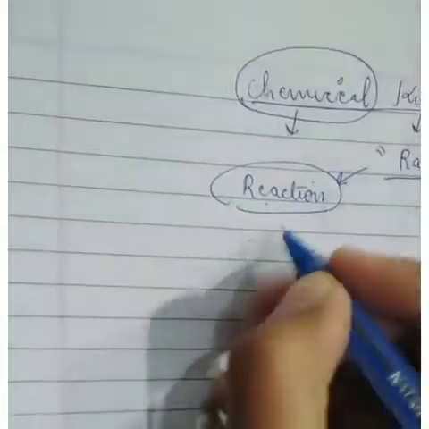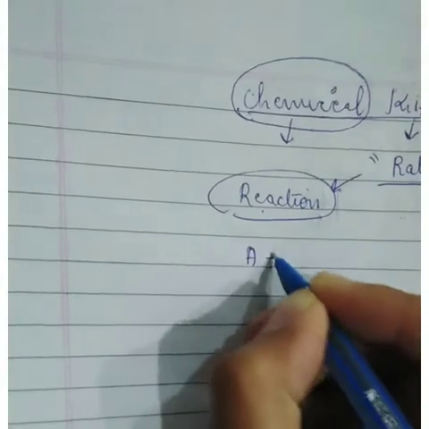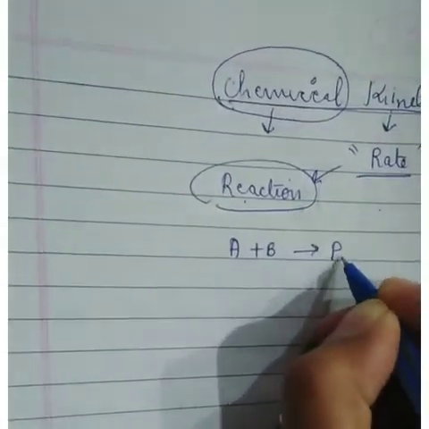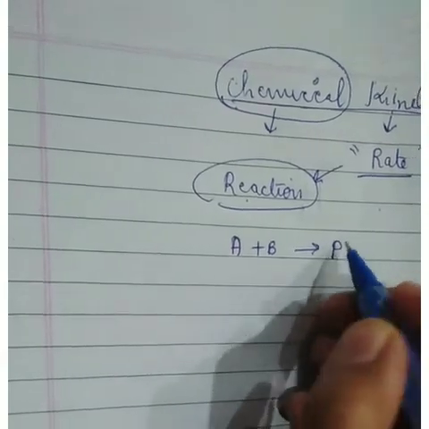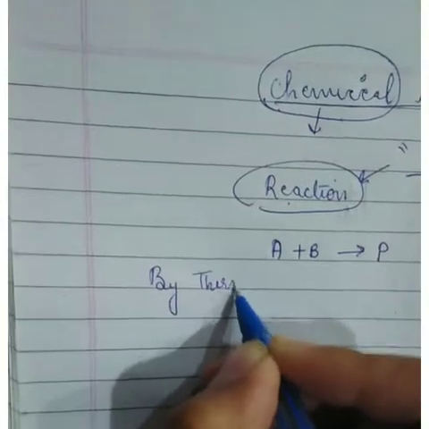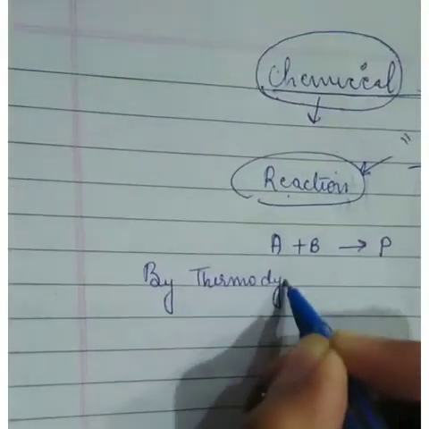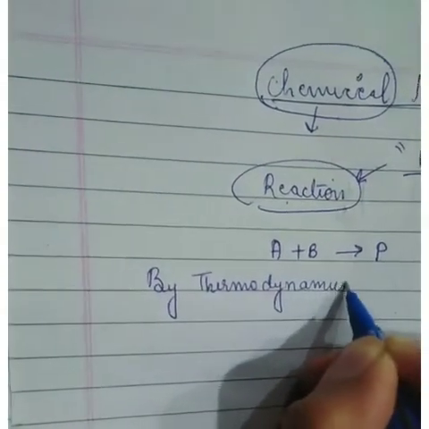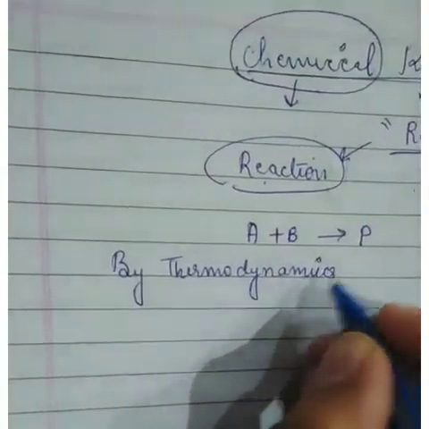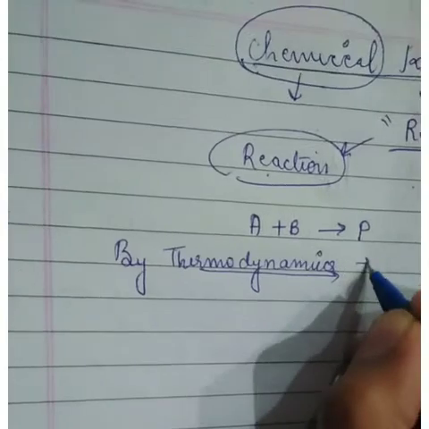For example, we have A plus B, and it gives the product P. So we know by thermodynamics that it only tells about the feasibility of the reaction.